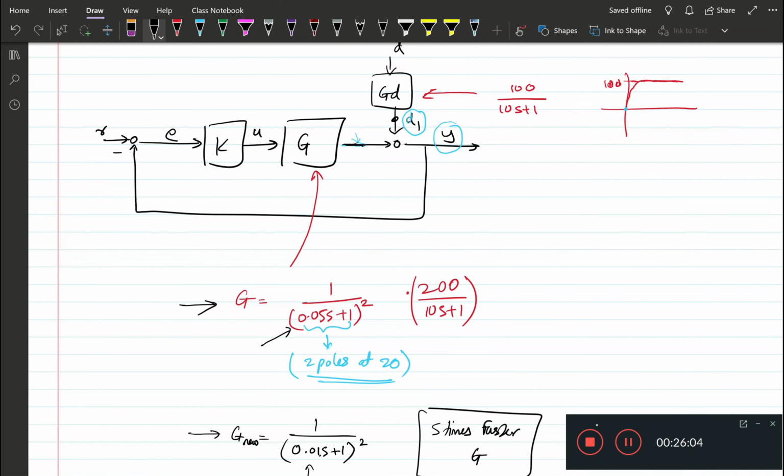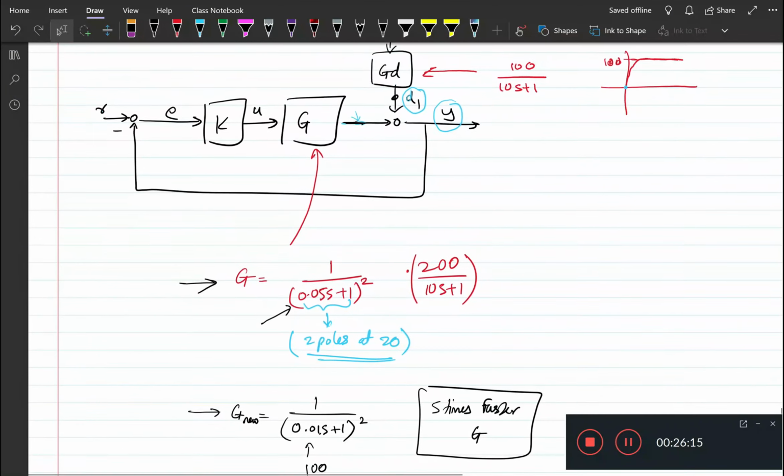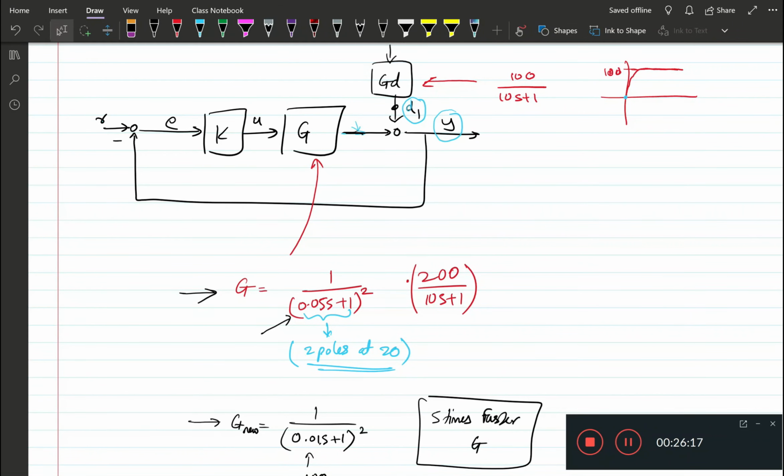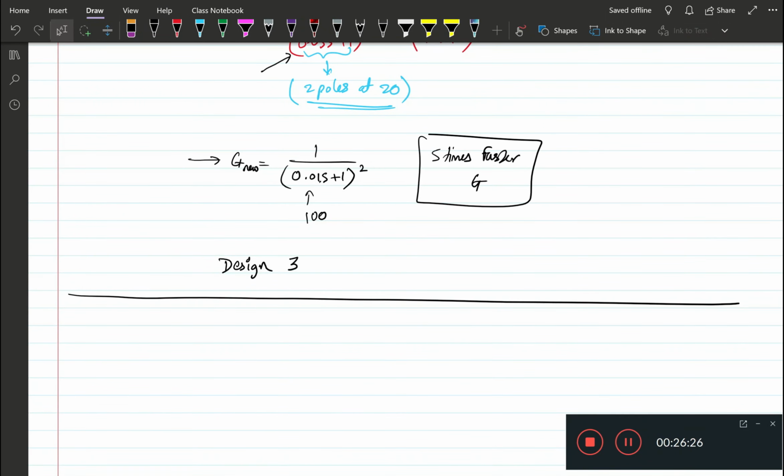If you do not find a controller K, you can then try to use any other method that you like to find still a controller that satisfies these constraints, and then it could even be a model predictive controller or a nonlinear controller.